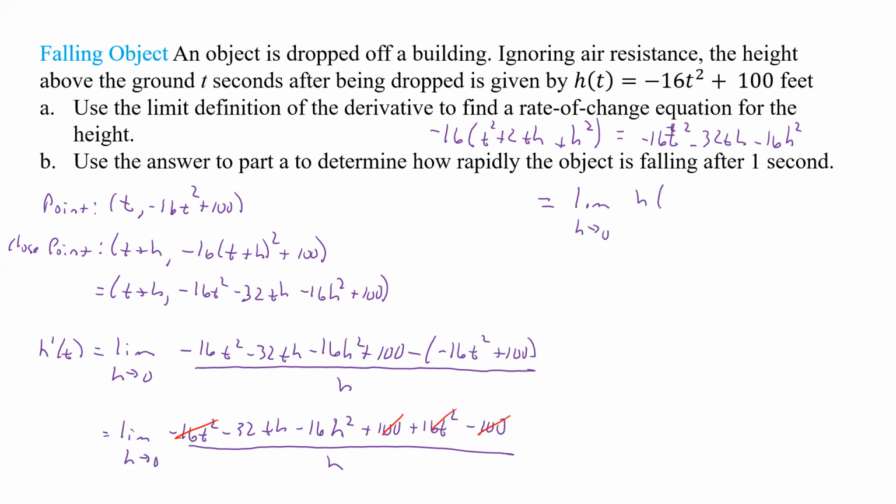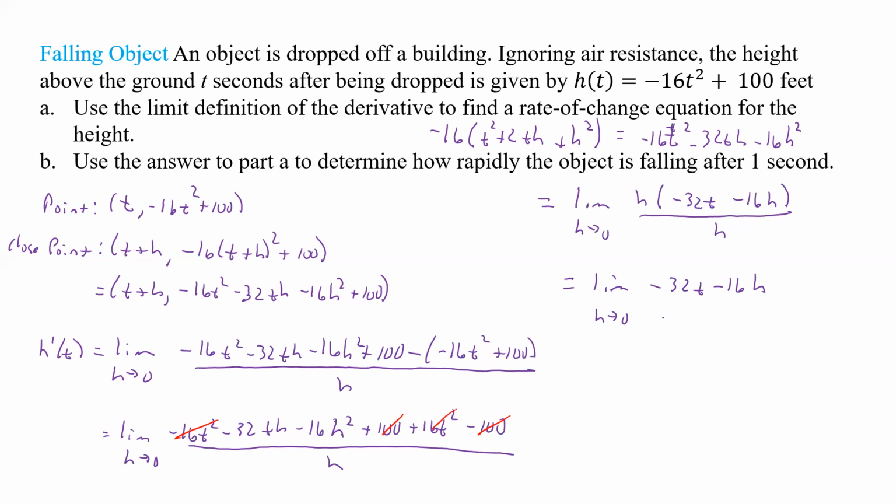And that gives us negative 32t and then minus 16h, and then all over h. So if we cancel those, or make h over h equal to 1, then that gives us the limit as h goes to 0 of negative 32t minus 16h.